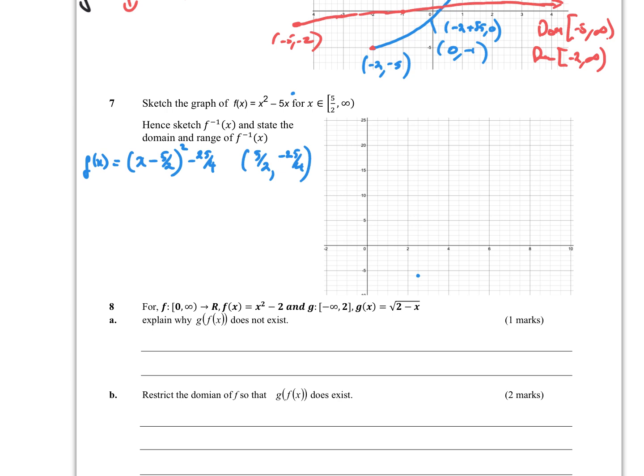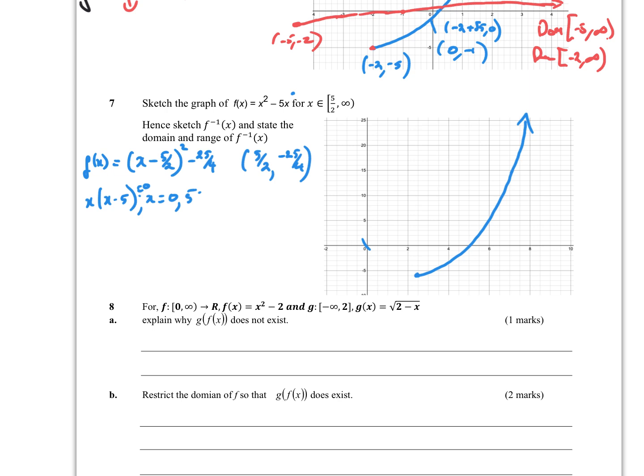So that would go through there if I wanted it to, but it's not. If I solve my other x-intercept, x will be 0 and 5. So it goes through 5. So it's going to look something like that.